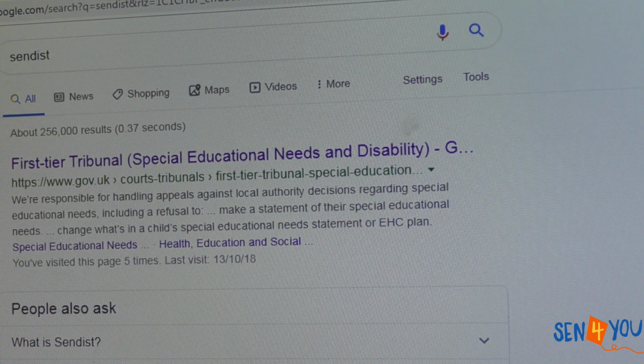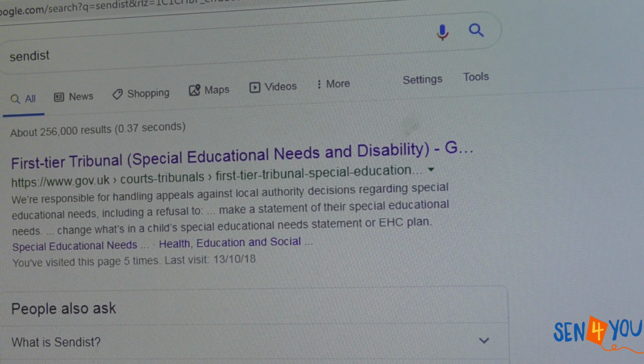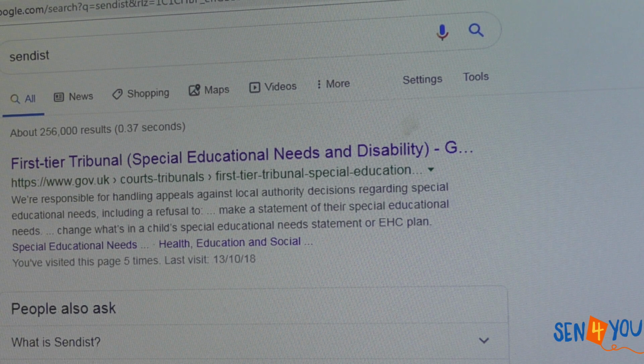challenging refusals to carry out EHC needs assessments or reassessments of special needs, challenging the contents of the Education, Health and Care Plan, either when it's first issued or at annual review, and challenging the cessation of the EHC plan.